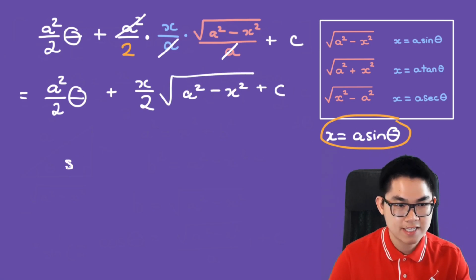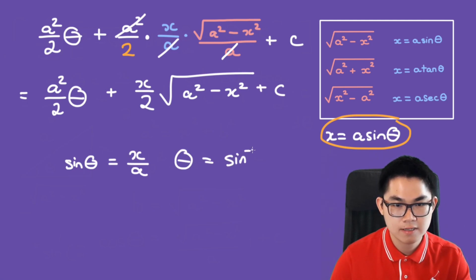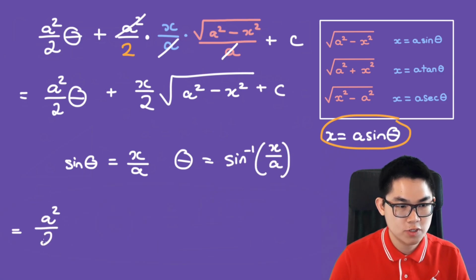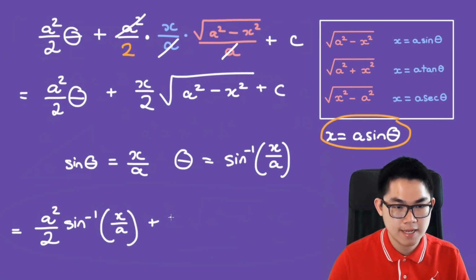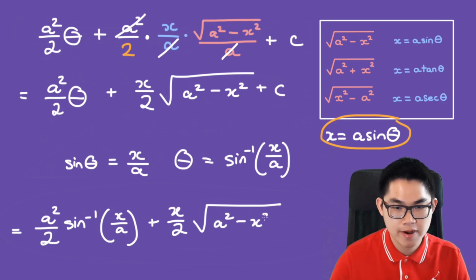So we know that sine is x over a, which means that theta is going to be arcsine of x over a. We have a squared over 2 times arcsine of x over a plus x over 2 times the square root of a squared minus x squared plus c.